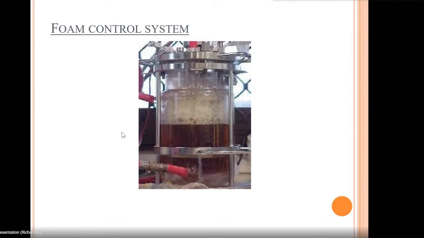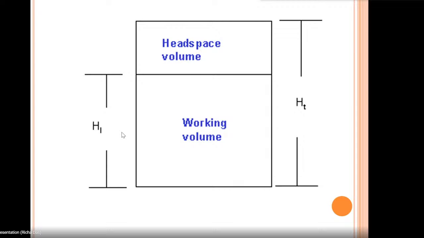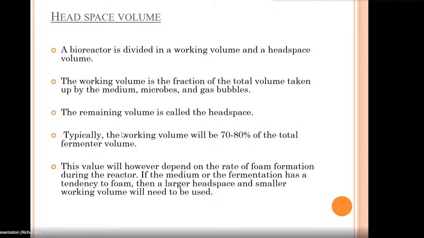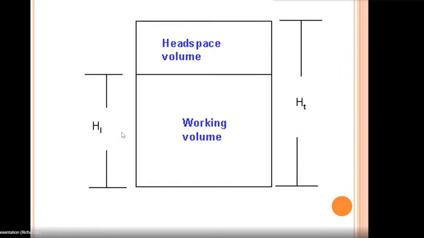So the proportion of headspace volume and working volume depends upon what type of product we are synthesizing. And if your product produces lots of foam, then it is advised that we keep the headspace volume more than the working volume. So all these points I have discussed just now.